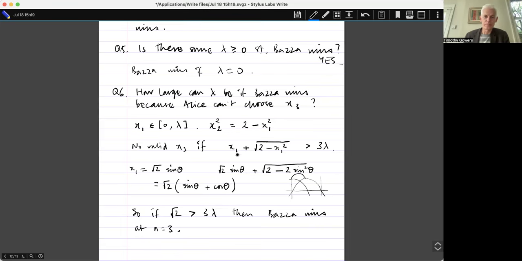Then Alice will be in trouble if x1 plus root of 2 minus x1 squared is greater than 3 lambda. And indeed, the smallest this can be is the square root of 2. So we get the condition that if root 2 is greater than 3 lambda, in other words, lambda is less than root 2 over 3.